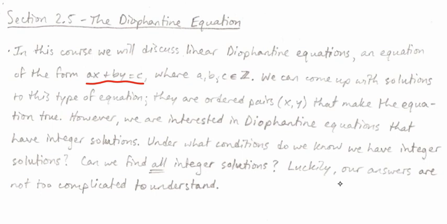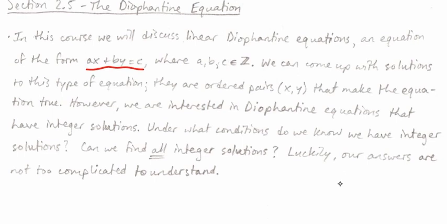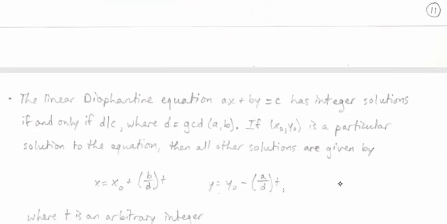So that's what we're going to do in this video. We're going to talk about those conditions. We're going to talk about the formula that gets us all integer solutions, and we're going to see a run-through of one problem. In the next video, we'll go through more sample problems to get ourselves more accustomed and more used to the method that we're going through here.